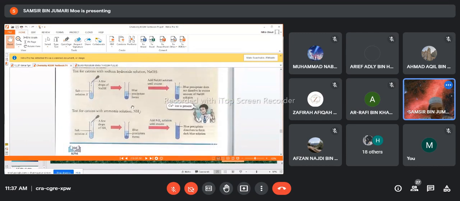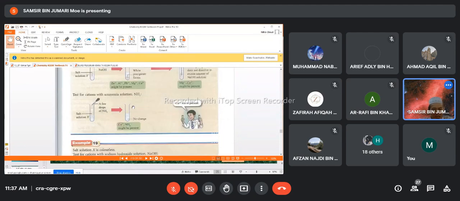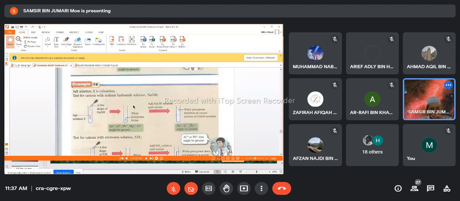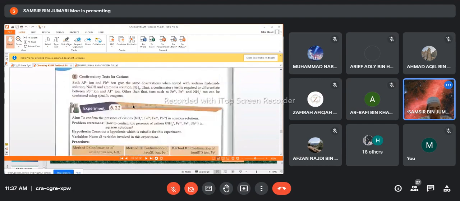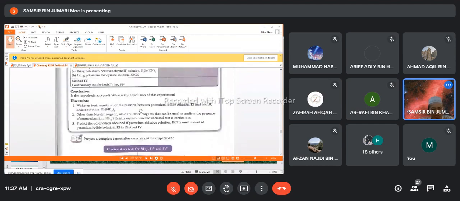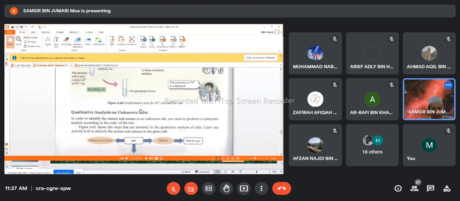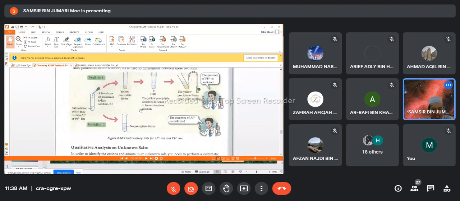Ini yang tadi. Okay, ni yang ni. Bukan. Yang ni. Okay, ini bukan. Yang ini bukan juga. So we have to know the aluminum ion and lead 2 ion.